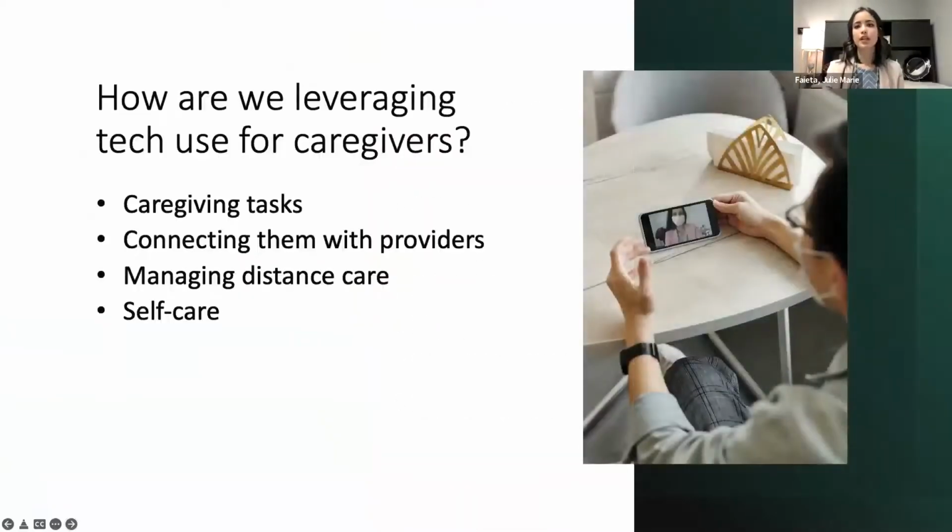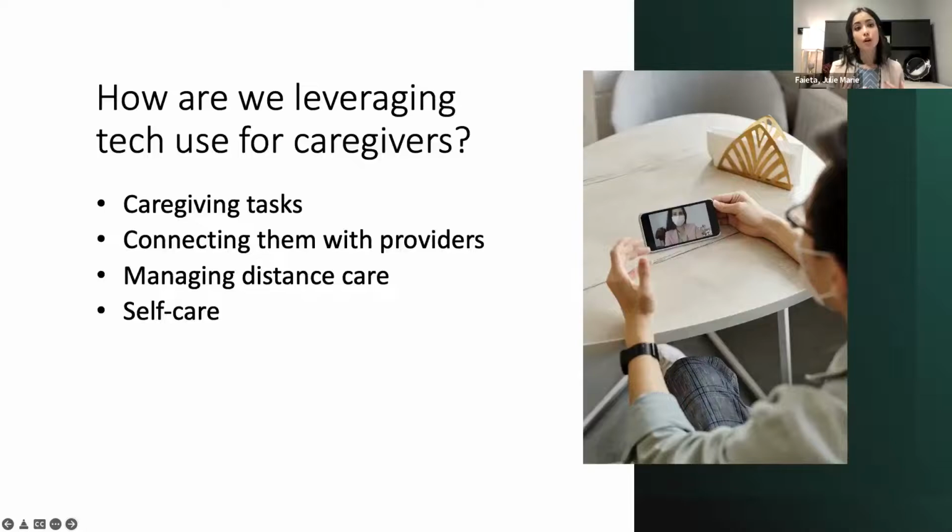So when I'm thinking about using technology to support individuals with Alzheimer's disease and related dementia, it was important not just to look at mHealth that would support the needs of those with AD-RD, but also to look at the needs of the caregiver, making sure they were able to carry out their caregiving tasks, their own self-care, connecting with care providers, or in some cases, managing care at a distance.